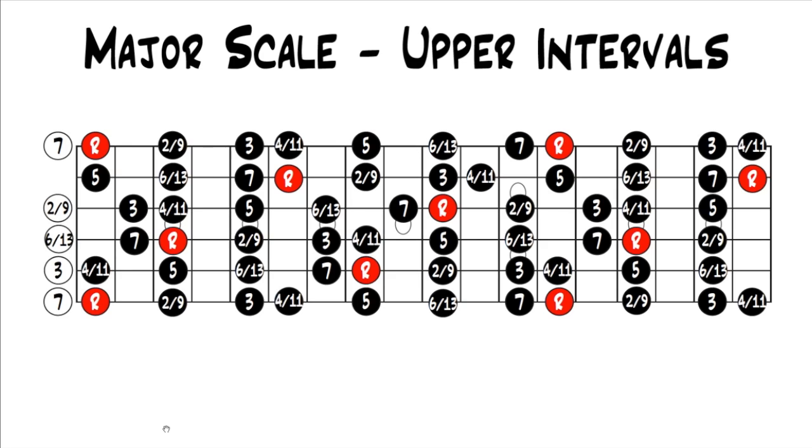But one thing I should mention, just to make it really clear: when you're talking about the intervals of a major scale, you would say the root, major second, major third, perfect fourth, perfect fifth, major sixth, major seventh, and root again. You wouldn't say the 9, 11, and 13, because when you're talking about building a scale, you're just talking about one octave, so you wouldn't go past that to the 9 or 11 or 13.